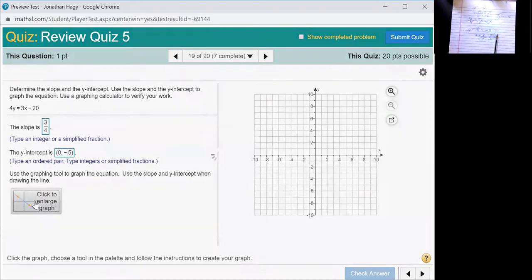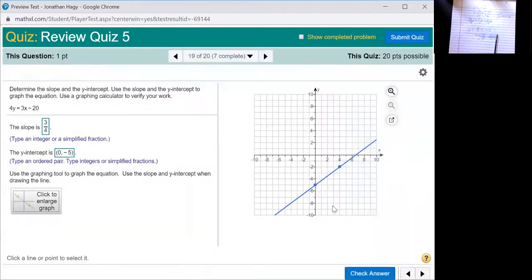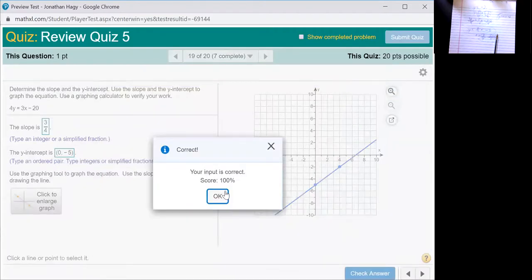So to graph that, I go to -5 using the line tool, rise 3, run 4, up 3, right 4. So I'm going to go up 1, 2, 3, to the right 1, 2, 3, 4. Save. And there we go.